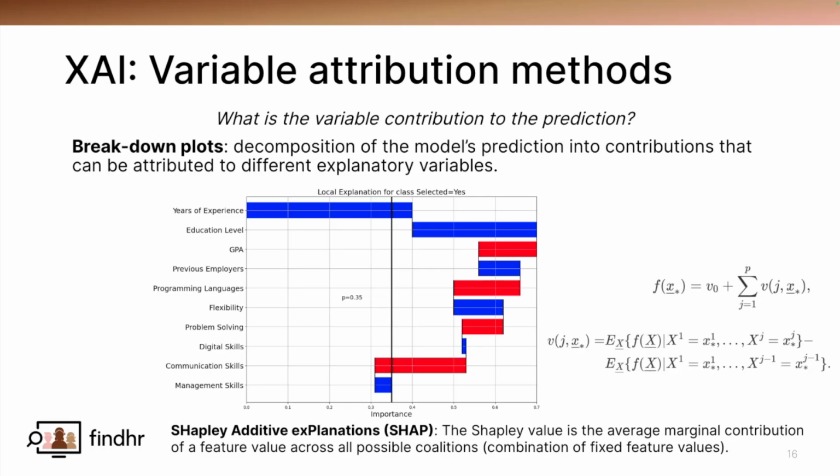So let's start from the end. Let's start from the result. What is the result returned by SHAP? Basically, in this plot it is harder to read the baseline, but I guess it is 0, or 0.35.